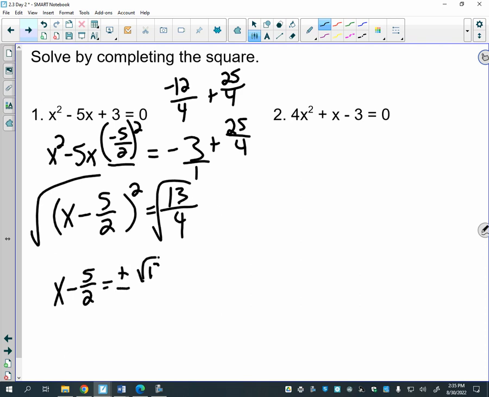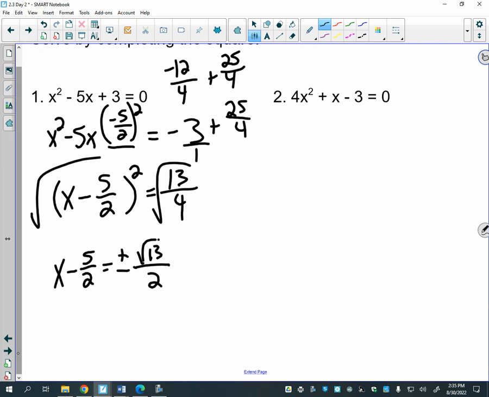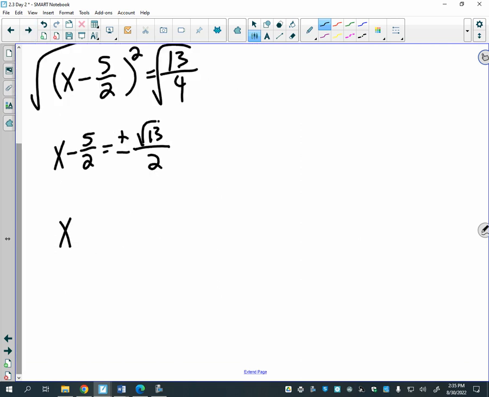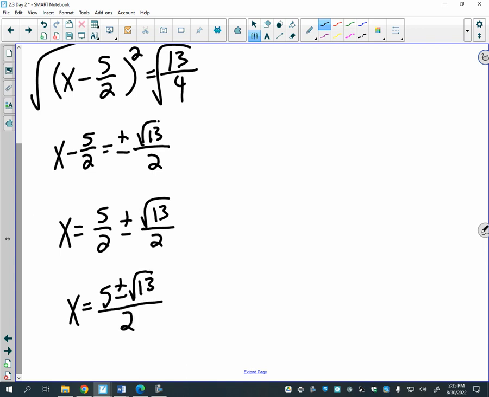The square root of 13 doesn't work out nice, but the square root of 4 is 2. So getting x by itself, I get 5 halves plus or minus the square root of 13 halves, which is a fine answer. Or if you want to write it all as one big thing over 2, those are the same thing. It's still 2 answers there.